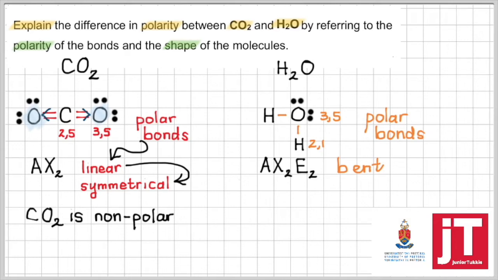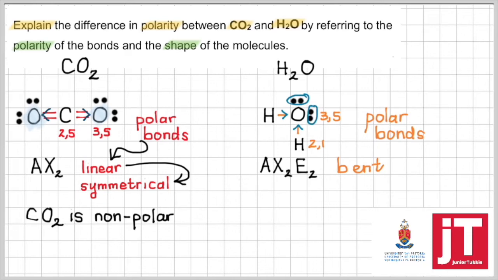Now that we know the shape of the molecule, we can determine whether it is symmetrical or not. And we do so by firstly using arrows to point to the more electronegative atom. We notice already that there is no symmetry, but also, since there are lone pairs on the central atom, the molecule has a non-ideal shape.